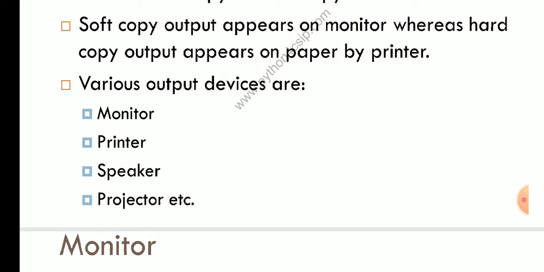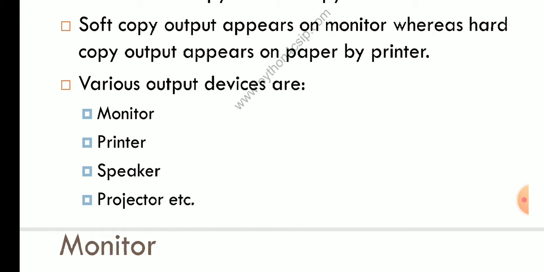Banners and large, big-size things can be printed with the help of a device called a plotter. And then the speaker, which is used to give audio. What we are speaking in the mic will reach the audience with the help of the speaker only. Of course, it is an output device.